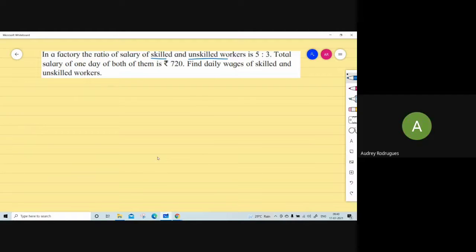So now, in a factory, the ratio of salary of skilled and unskilled workers is 5:3. So we have two terms here, skilled and unskilled.